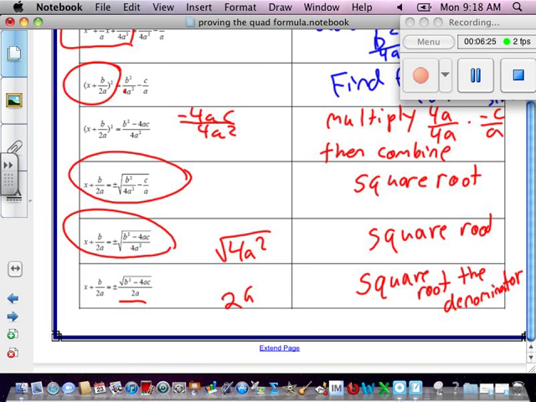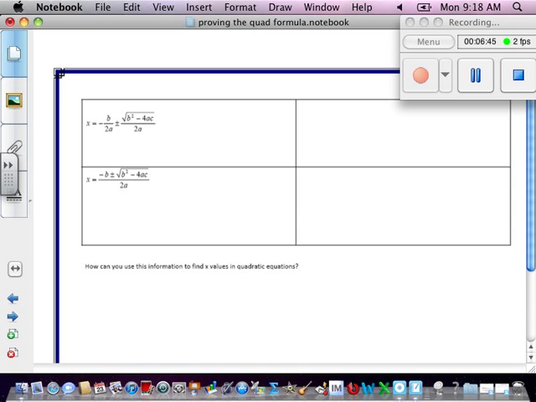Okay, we ready for the last page, guys? And we're going to find out what this formula is. Okay, we subtract b over 2a from both sides.